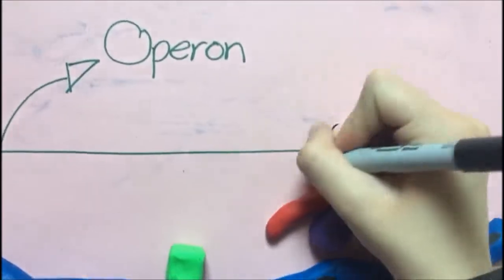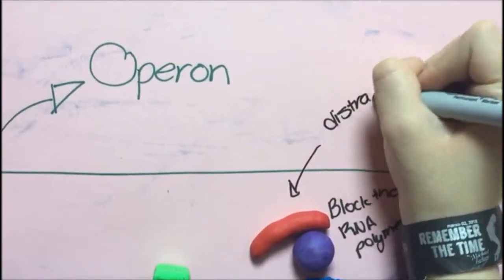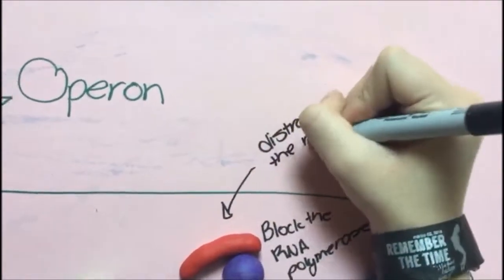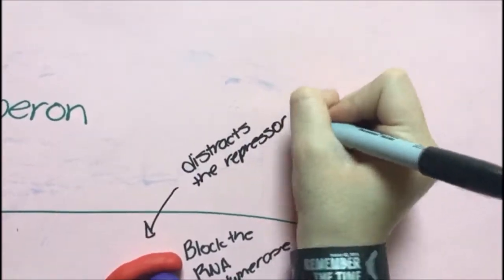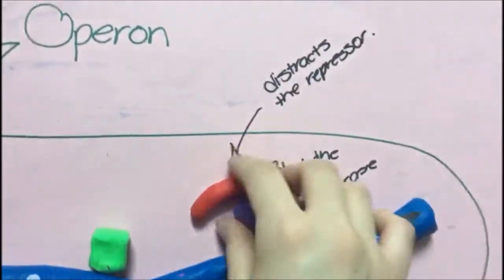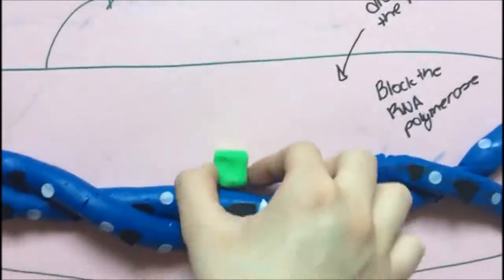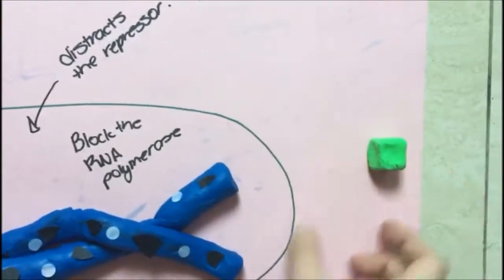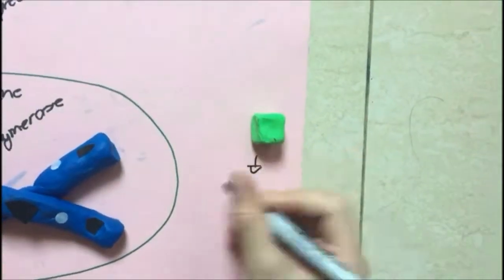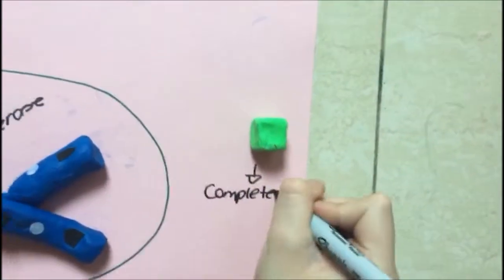Until a sugar, known as lactose, binds with the repressor, distracting it and making it move away from the operator, allowing the RNA polymerase to pass and start the transcription process.